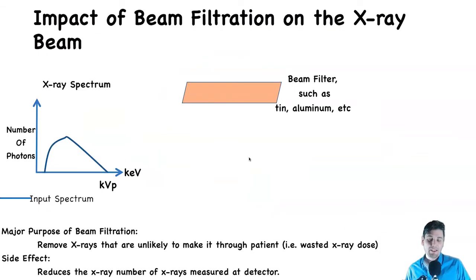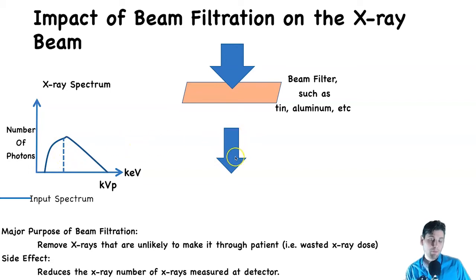So next, impact of beam filtration. So beam filtration, like we talked about, is something you can insert. If we look at an input beam, so imagine we have a spectra that looks like this, and that's what our input spectra looks like before we have the beam filter. And that beam filter could be tin, aluminum, and then after it's coming out, we can think about the input average energy, which was right here.